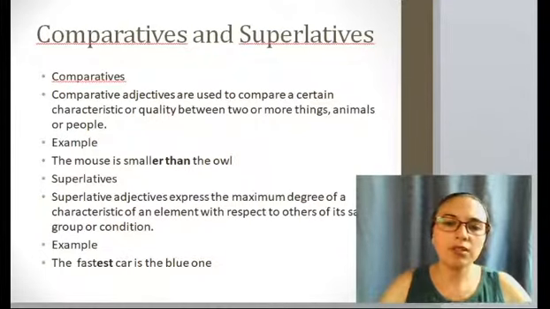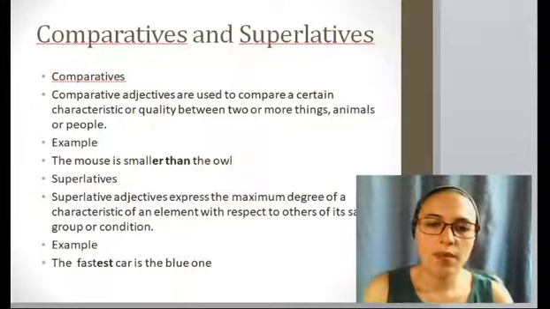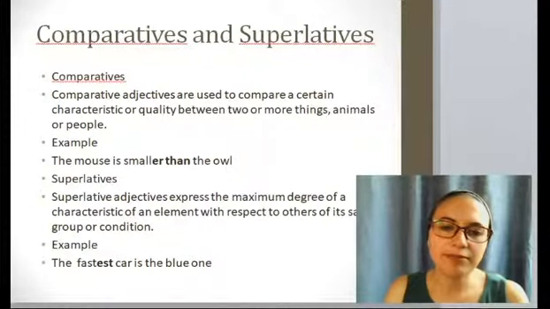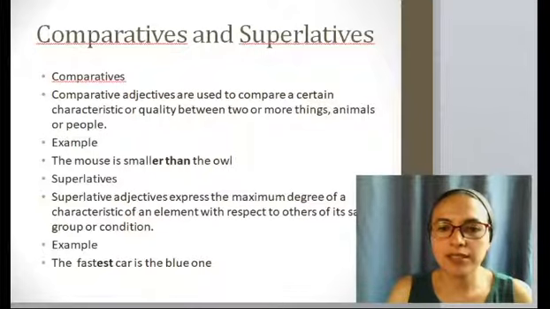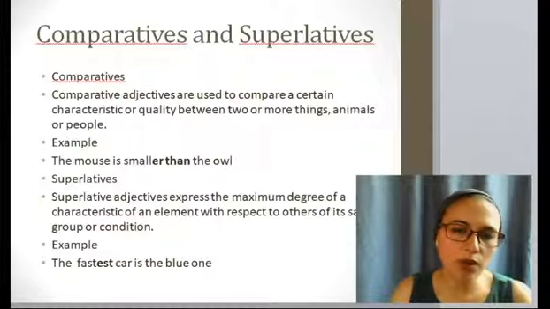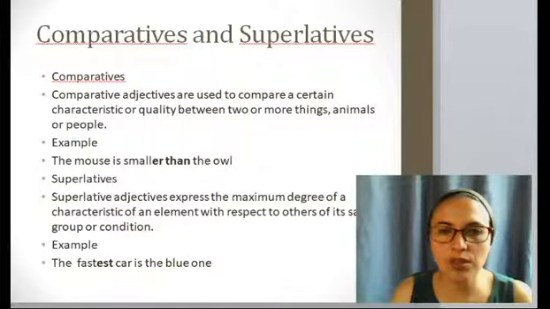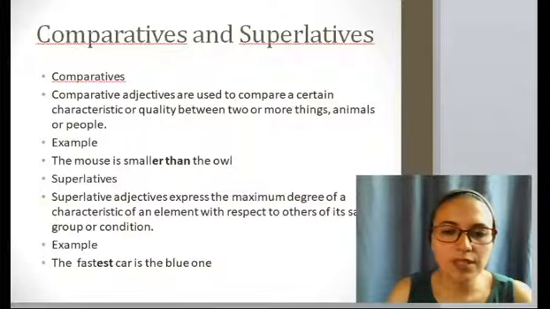Okay, next, comparatives and superlatives. Comparative adjectives are used to compare a certain characteristic or quality between two or more things, animals or people. Example: the mouse is smaller than the owl.